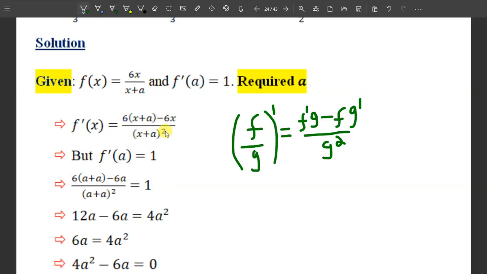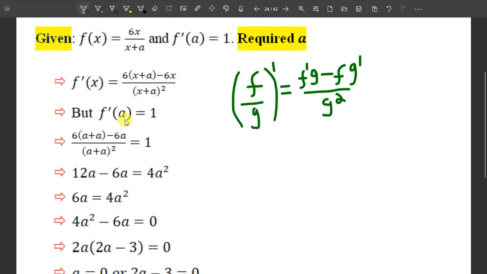But f prime of a is equal to 1. It is already given. And therefore, replace x by a. When we replace x by a, it becomes 6 times a plus a, minus 6a, over a plus a the whole square.